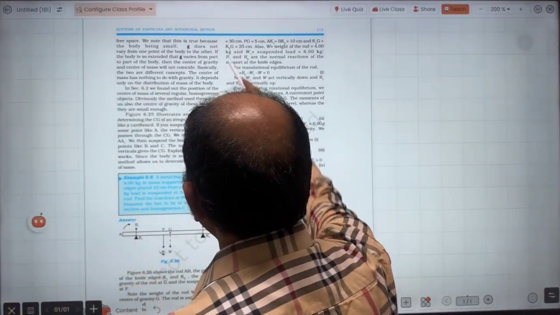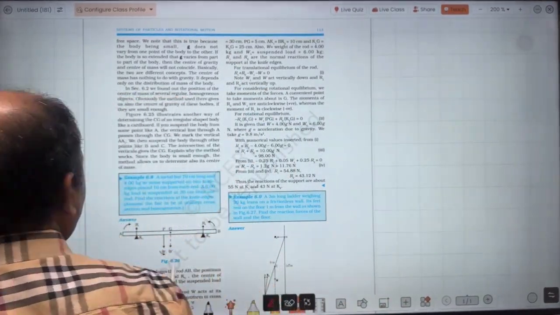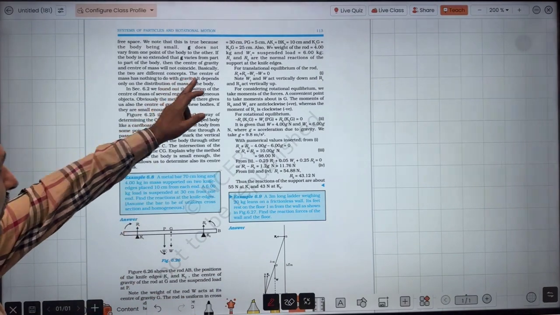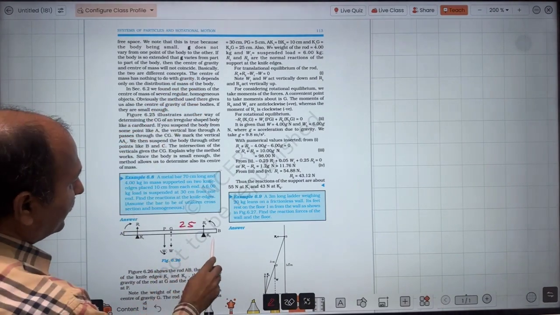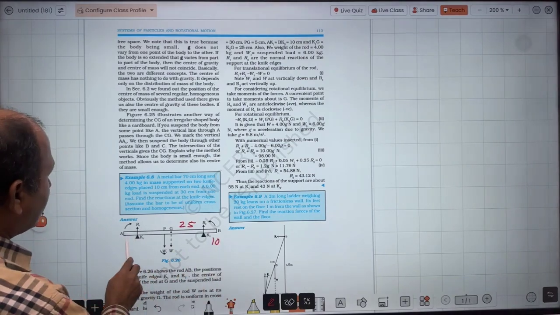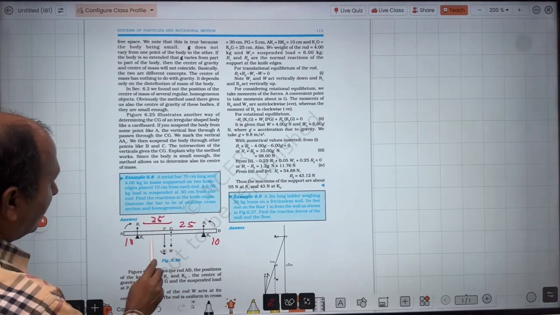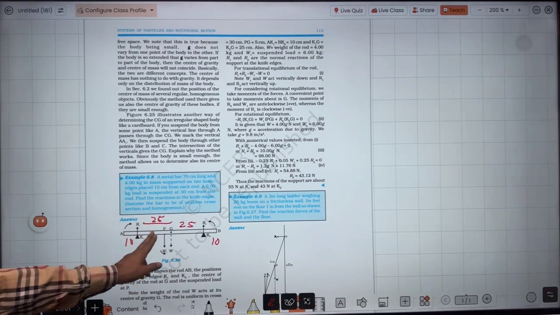So this portion K2G will be equal to 25 centimeter. This is 25, this is 10, here this is 10, and this remaining is 25. But here this is 30.